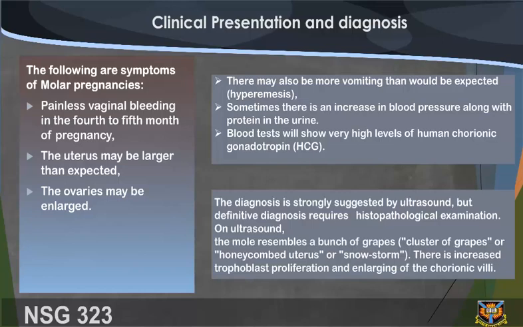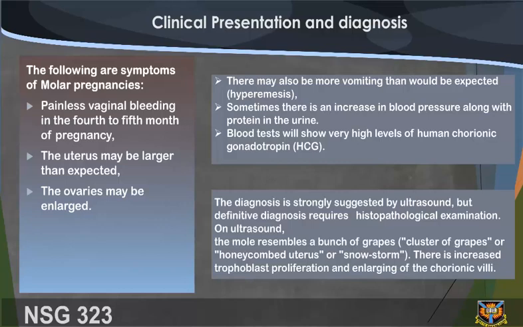The diagnosis is strongly suggested by ultrasound, but definitive diagnosis requires histopathological examination. On ultrasound, the mole resembles a bunch of grapes, cluster of grapes, or honeycombed uterus, or snow storm.